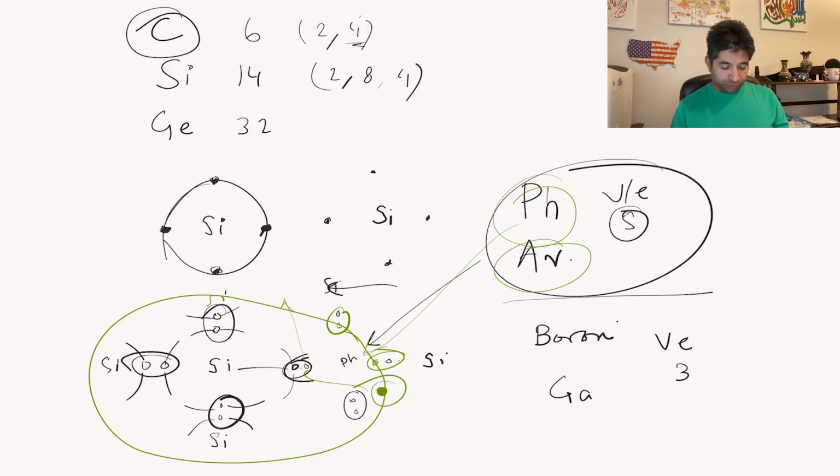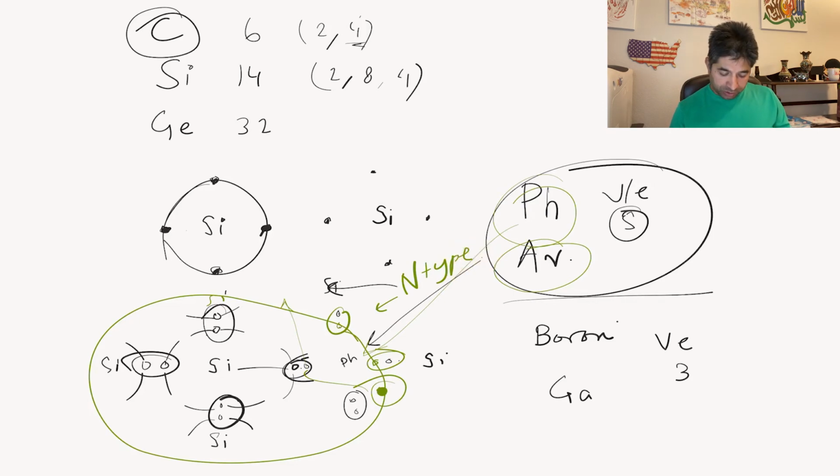This type of material, where we have electrons that can move and make conduction happen, is called an N-type semiconductor. So with this impurity, this becomes an N-type semiconductor material.